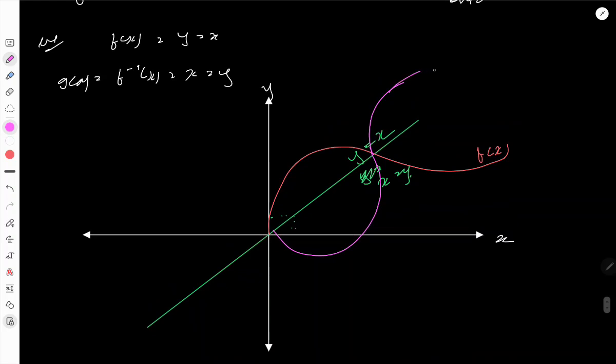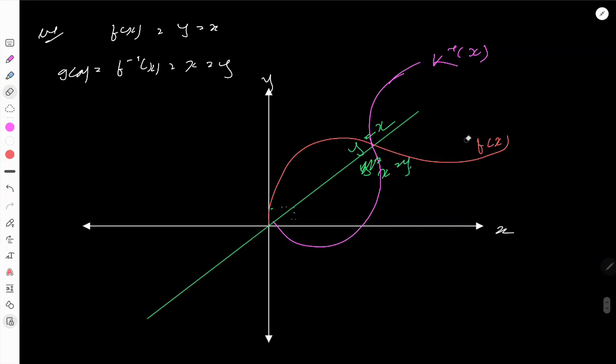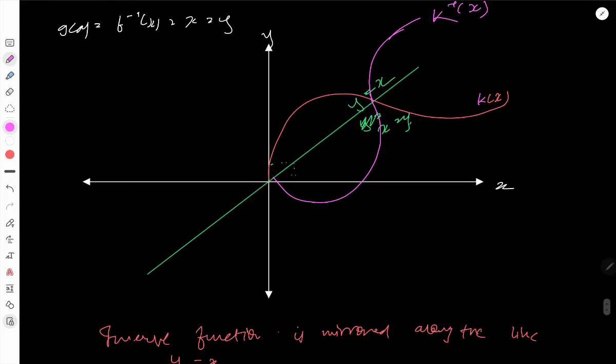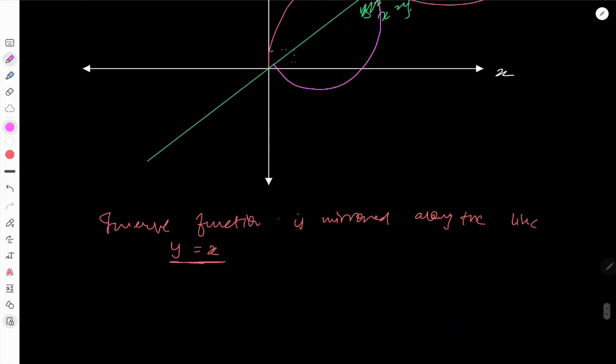It is not accurate. Okay, I have assigned f already, so let it be k of x and k inverse of x. This is it. And now we have completed an important theory of functions.